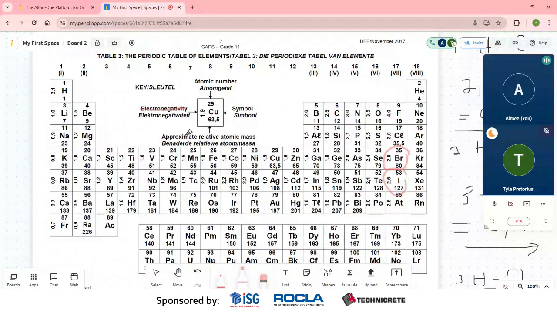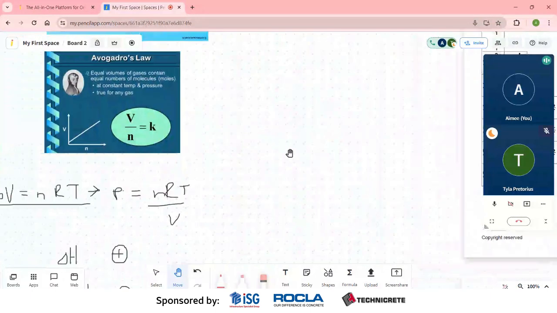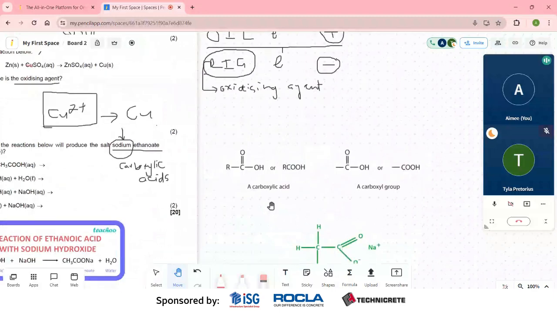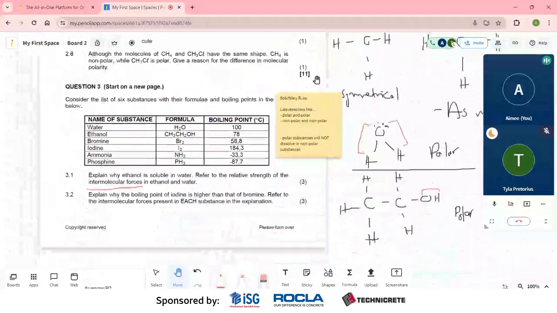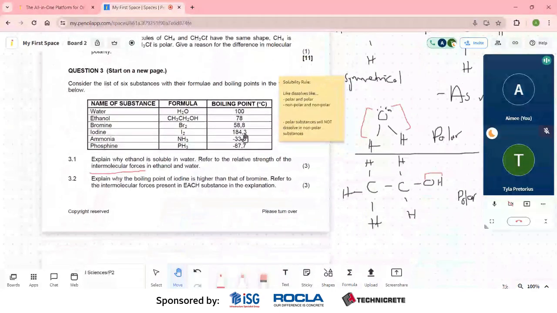This is the approximate relative atomic mass number at the bottom. Bromine has a relative atomic mass of 80, while iodine has a relative atomic mass of 127. And there is your smoking gun. There is your answer. The reason that iodine has a higher boiling point and stronger intermolecular forces is because it has a larger molecular mass.